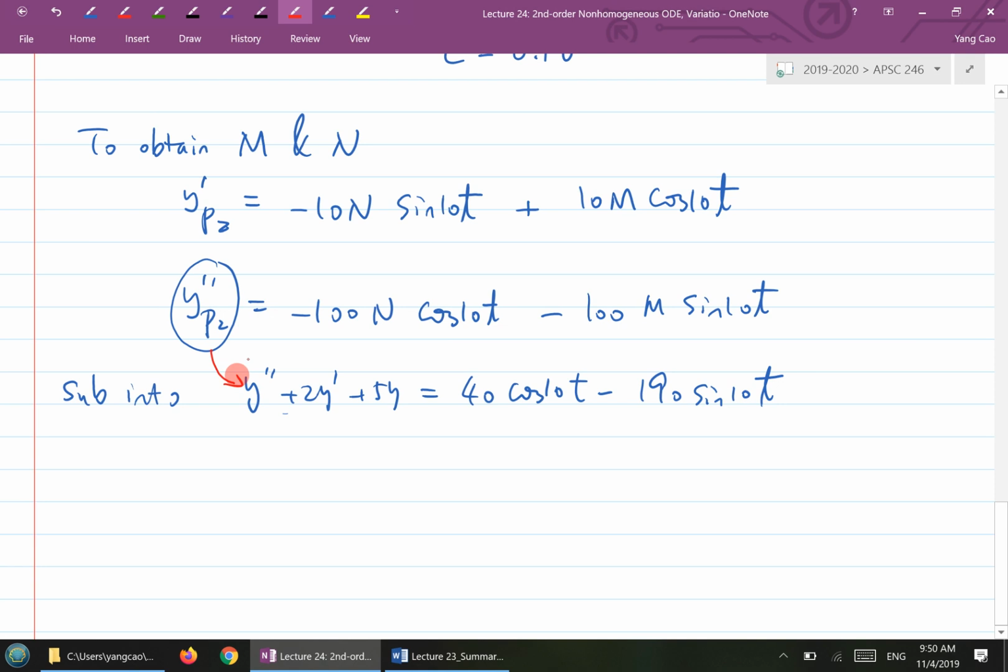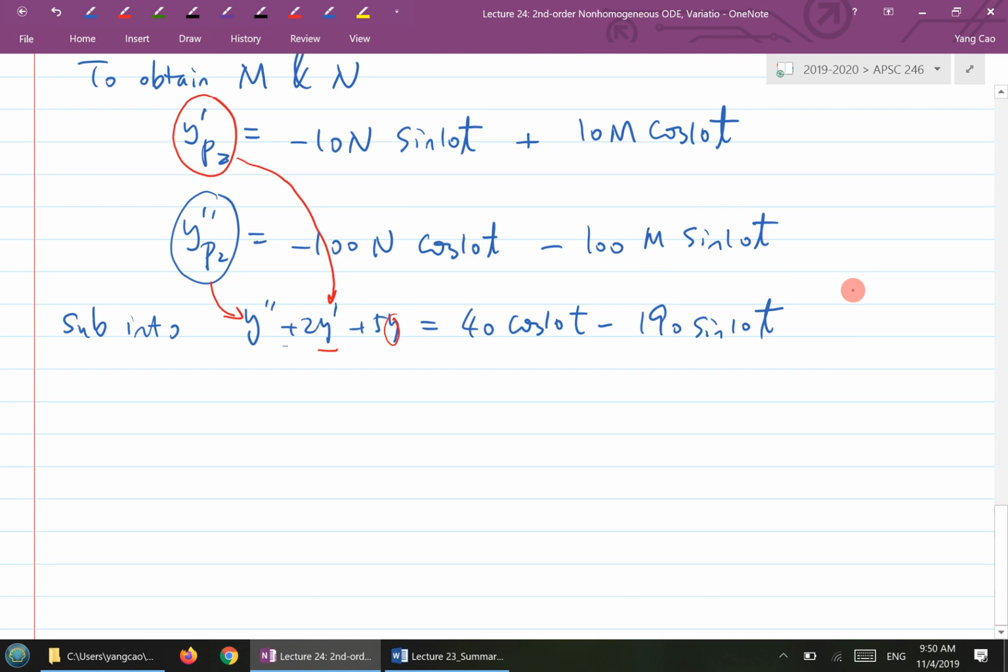Substitute this one over here, and this one over here, and of course the y over here. And group all the similar terms: group all the cosine 10t terms, and group all the sine 10t terms.